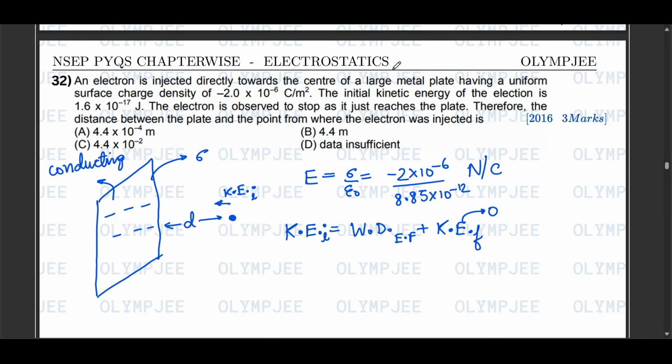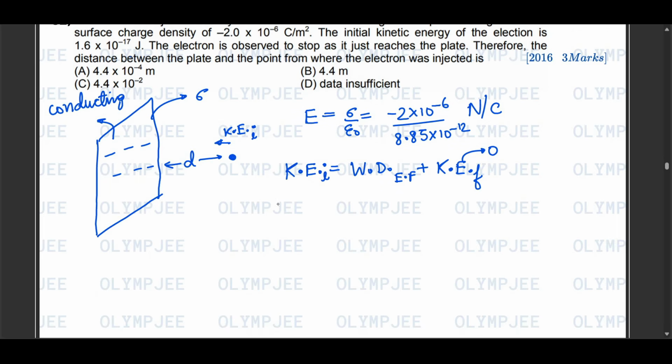So initial kinetic energy, 1.6 multiplied by 10 raised to power -17 joules, is equal to e into E multiplied by d, where e is the small e and the second E is this electric field.